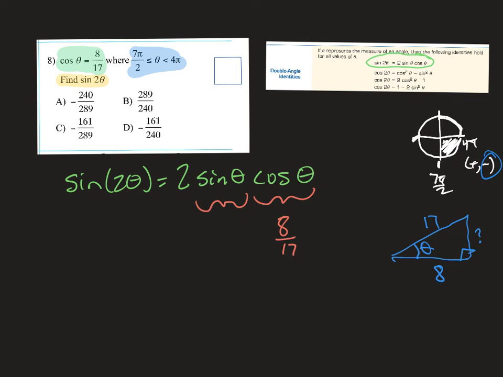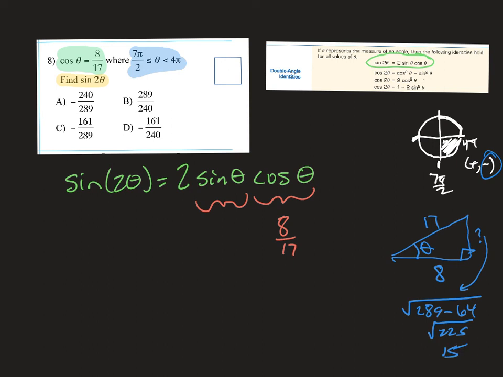So whatever I come up with, it better be negative. Just like we did before, to get this value, I have to do the square root of 17 squared, which I believe is 289, minus 8 squared, which is 64. So I'm going to do the square root of 225, and that is 15.